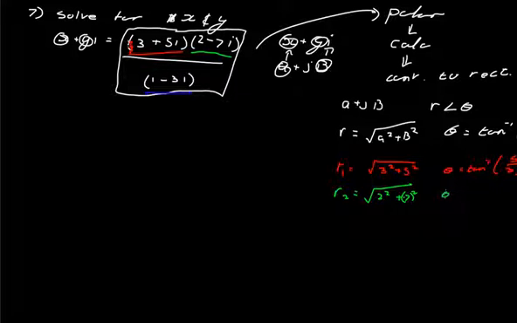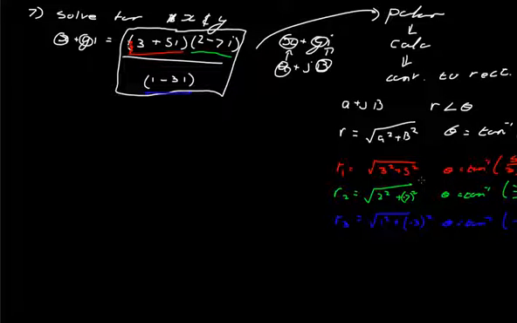And theta equals tan inverse of b over a for the second number, which is minus 7 over 2. Then for our third number, we've got r3 is equal to the square root of 1 squared plus minus 3 squared. Theta equals tan inverse of minus 3 over 1. Okay?